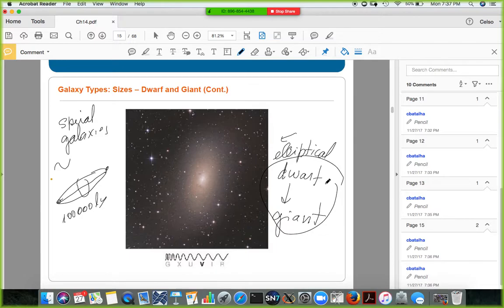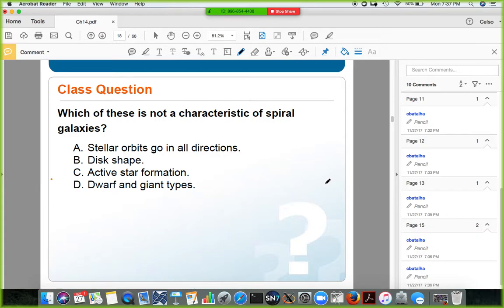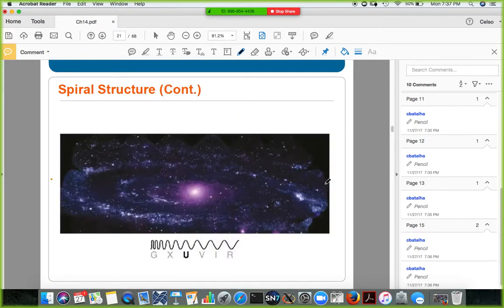So all the cold gas of spiral galaxies is used up to form stars, and eventually you end up with an elliptical galaxy, giant elliptical galaxies, and you can find those in the very central core or central volume of dense clusters of galaxies. So that's so much for the size.